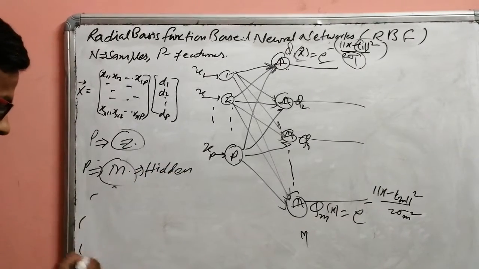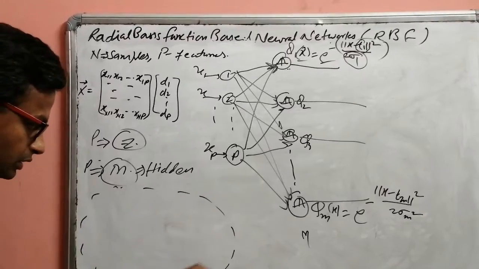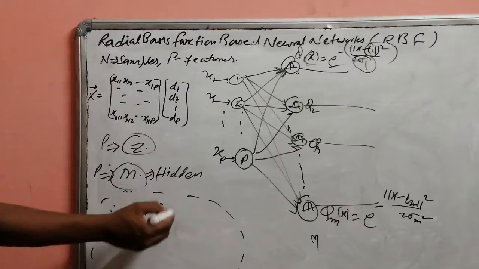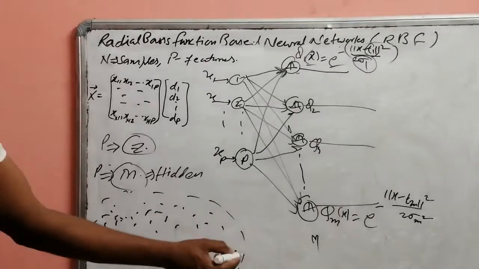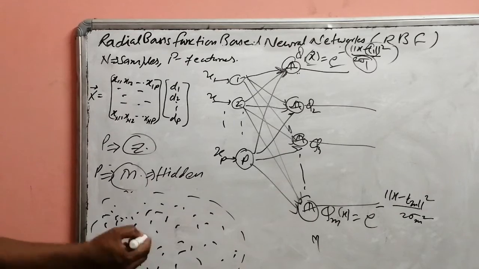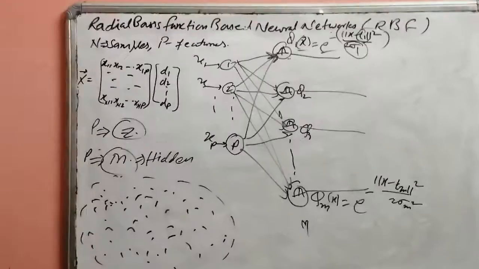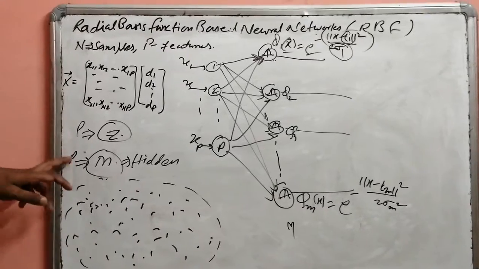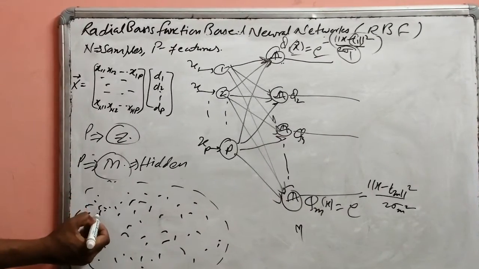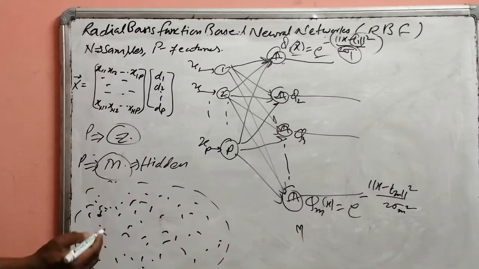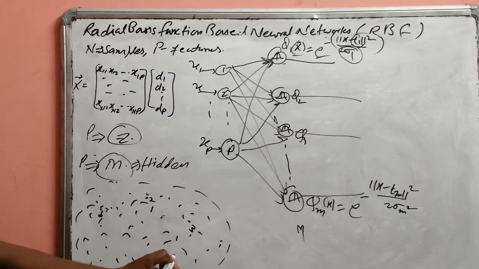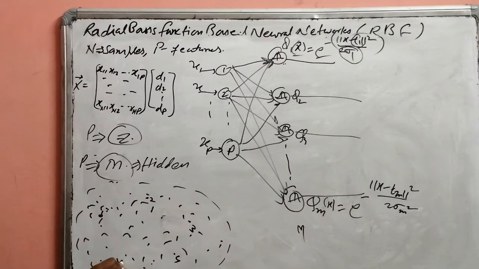Let your input space be represented this way over p number of dimensions, and as we have to extend these p dimensions to m dimensions, try to point out m number of points in that space: 1, 2, 3, 4 up to m.